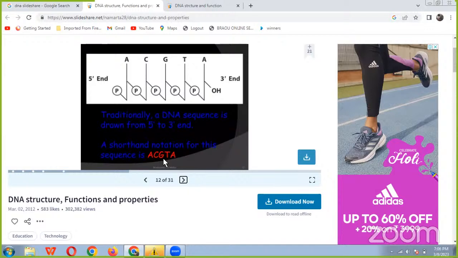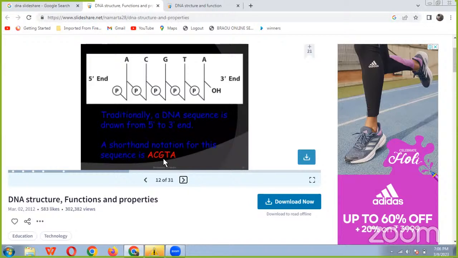The histone proteins. Histone proteins are rich in the amino acids lysine and arginine. They carry a net positive charge, so DNA can attach to the histone proteins.